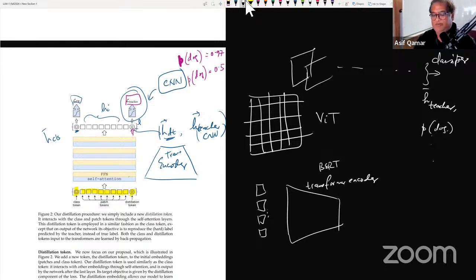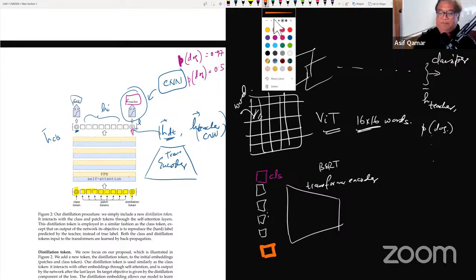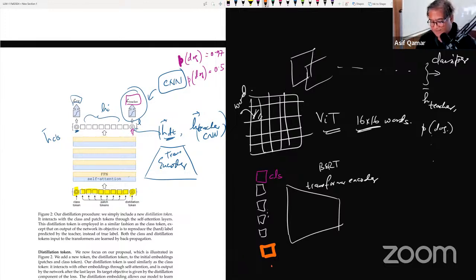Remember, this was the message of DeiT: 16 by 16 words. Each 16 by 16 patch can be thought of as a word, so you give these tokens. Because it is a BERT-like architecture, you put a special CLS token here. And all they are saying is, just for fun, add one more token, which you will call the distill token.